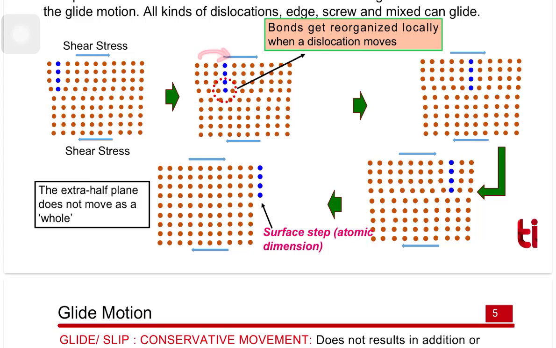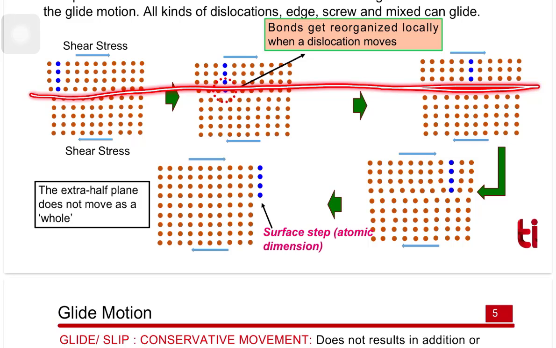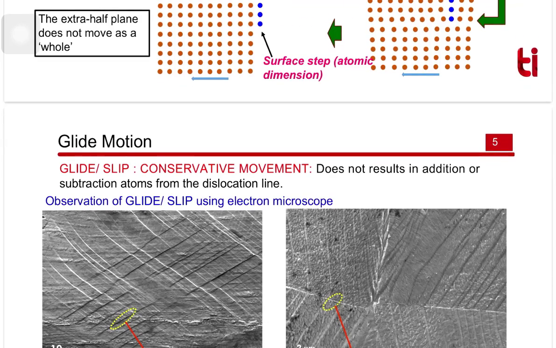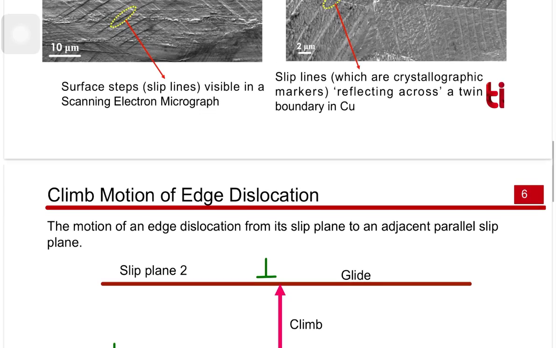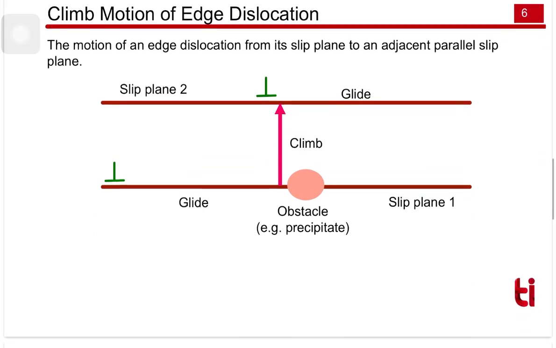When it moves some steps forward, the slip plane is this. When it moves some steps further, the slip plane is still this. In all these three pictures the slip plane remains the same. The dislocation is moving on the same slip plane, so it is not changing its slip plane. We also say the glide motion is conservative in nature.